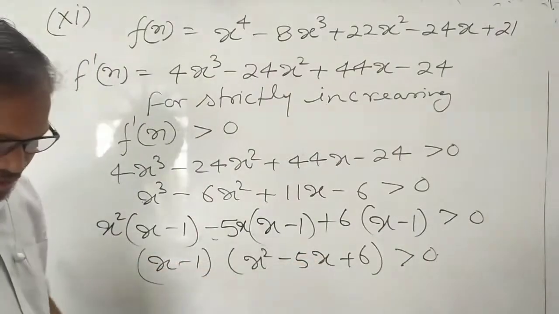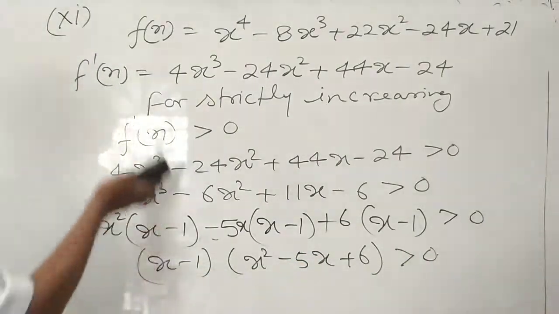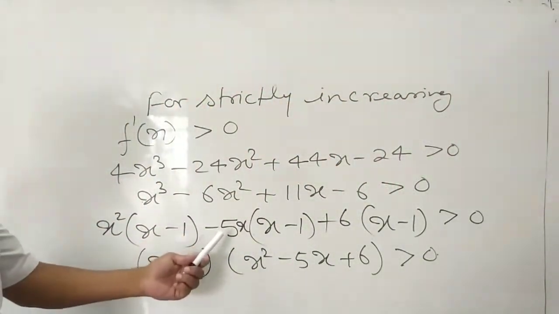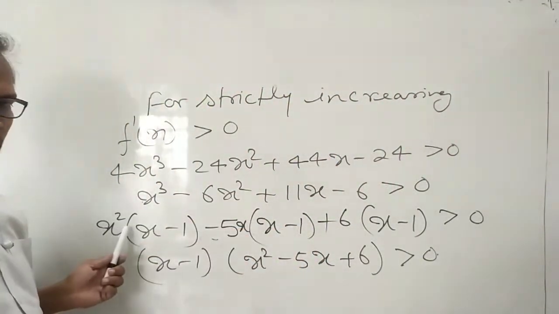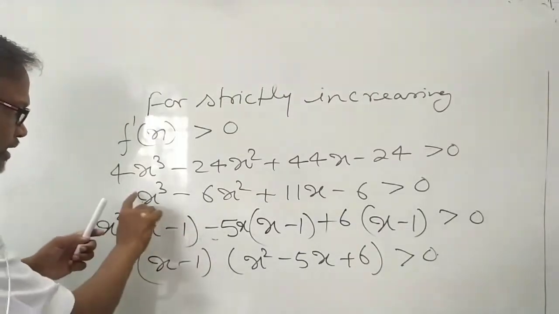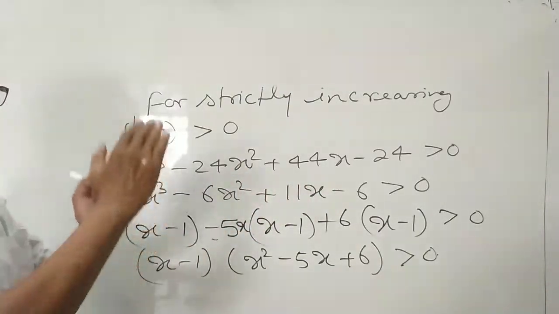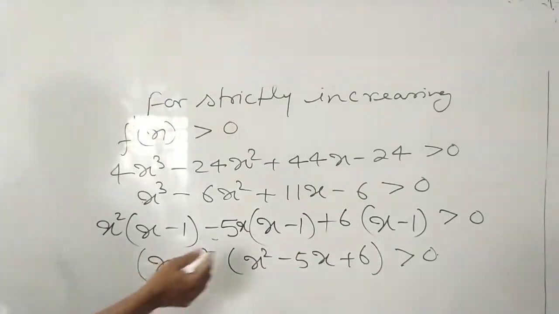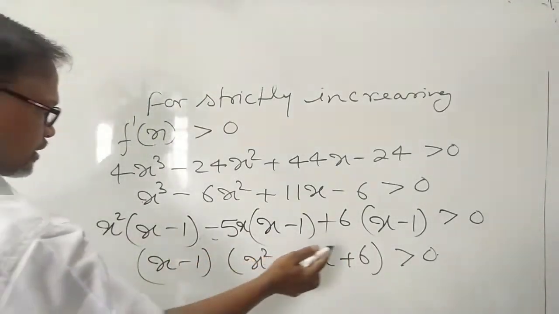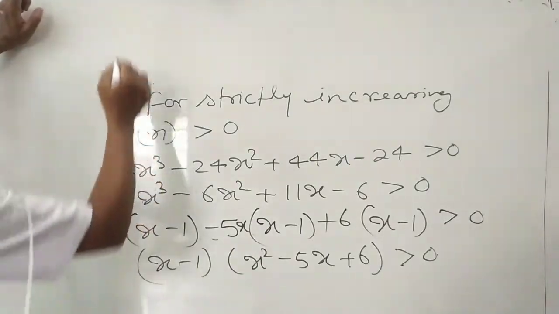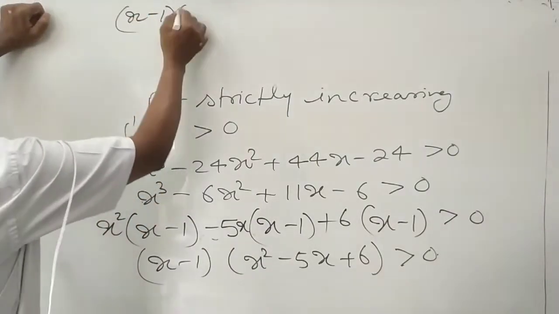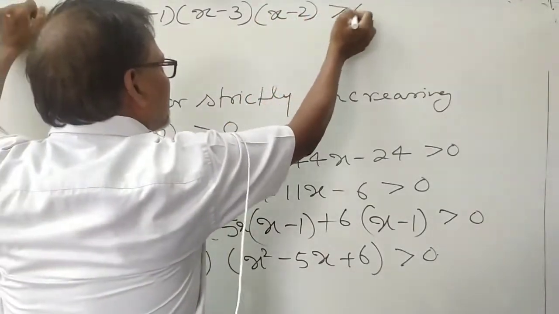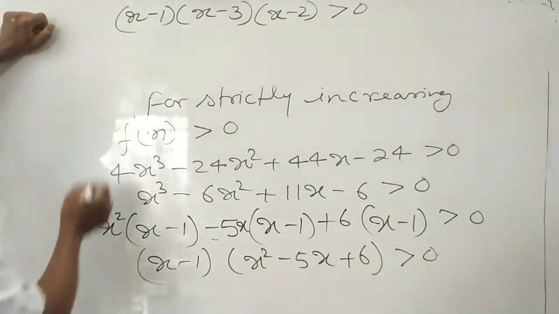Again factorize it, you will get this factorization from the remainder theorem. Again I am saying, you divide it by x minus 1, you will get the quadratic of this type and then factorize this. So it will be x minus 3, x minus 2. So x minus 1, x minus 3, x minus 2 is greater than 0.